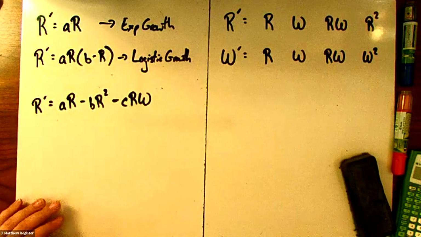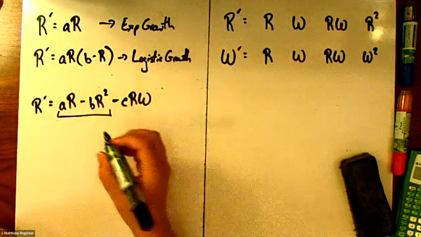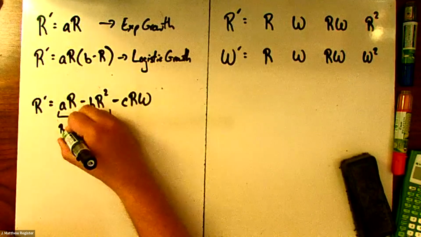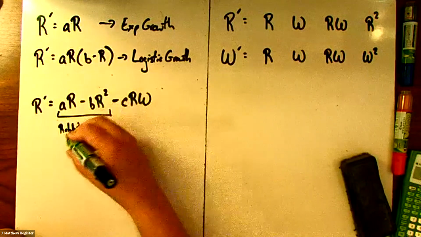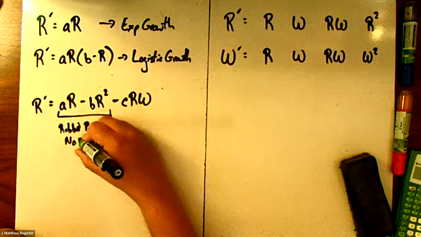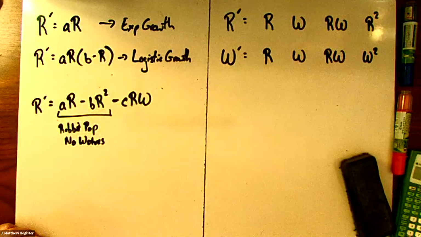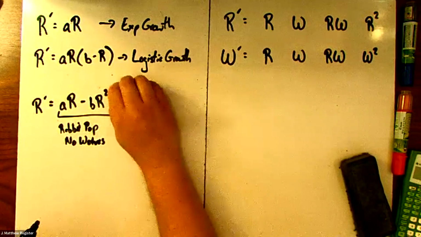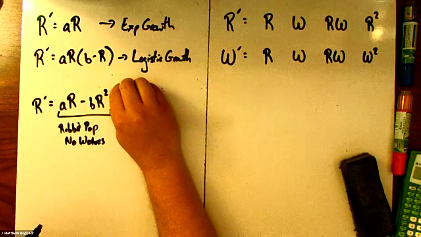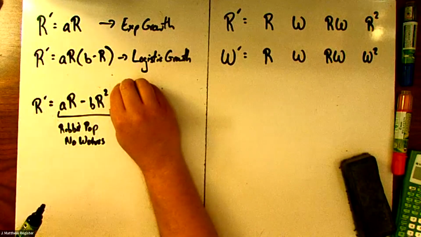These first two terms are saying what happens to the rabbit population when you have no wolves. Because if you have no wolves, then W is equal to 0 and this term does not affect things. And so the rabbit population when we have no wolves would be considered logistic.